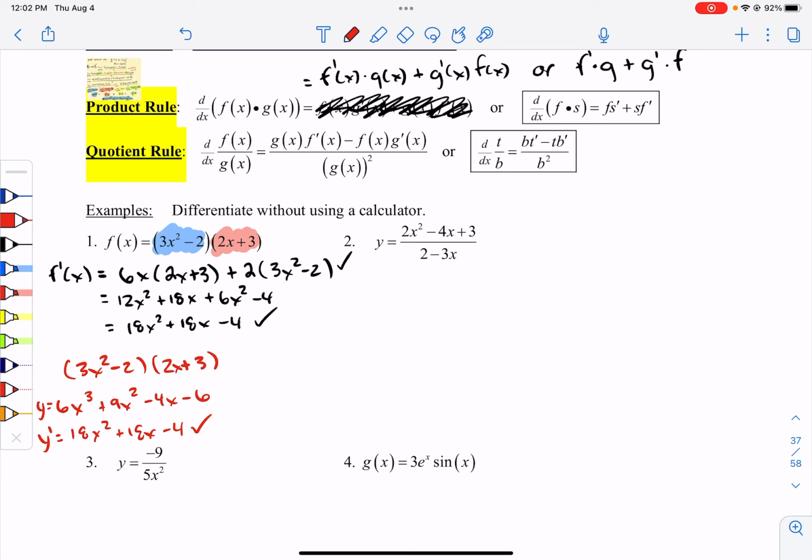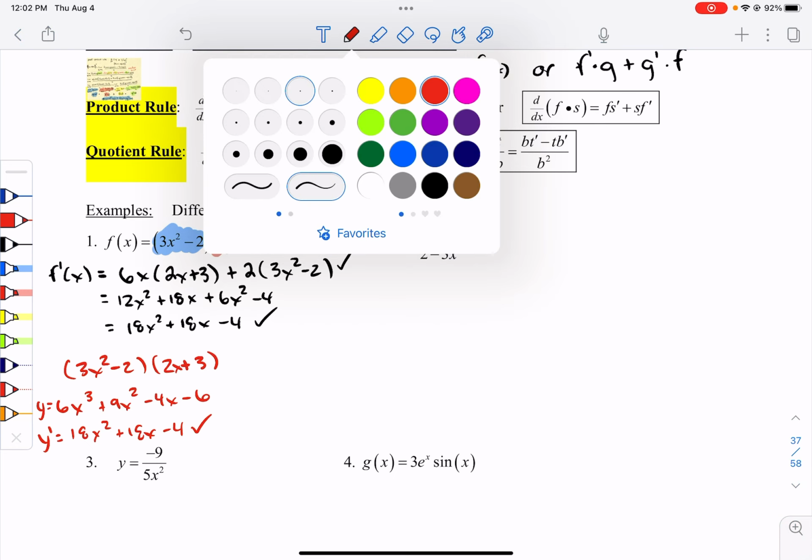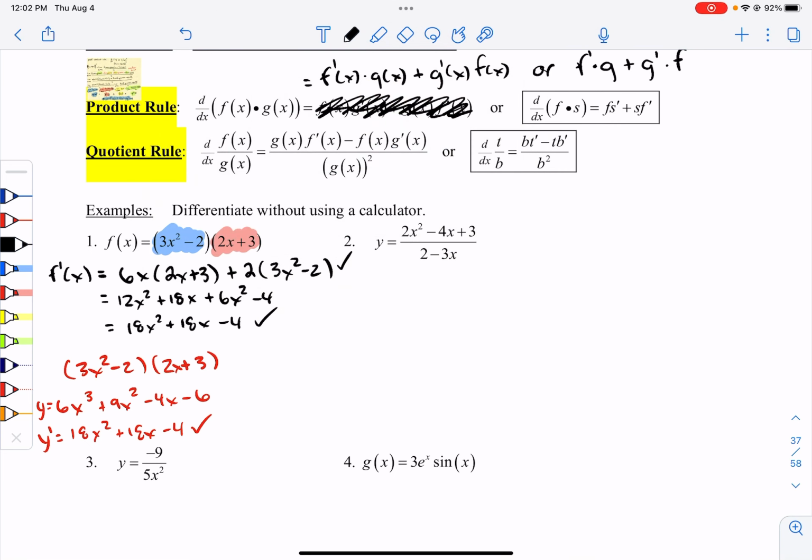The quotient rule is the reason why I had you rewrite the product rule. So if you look at the quotient rule, if I have a function on top and a function on the bottom, I take the derivative of the top and multiply it by the bottom.